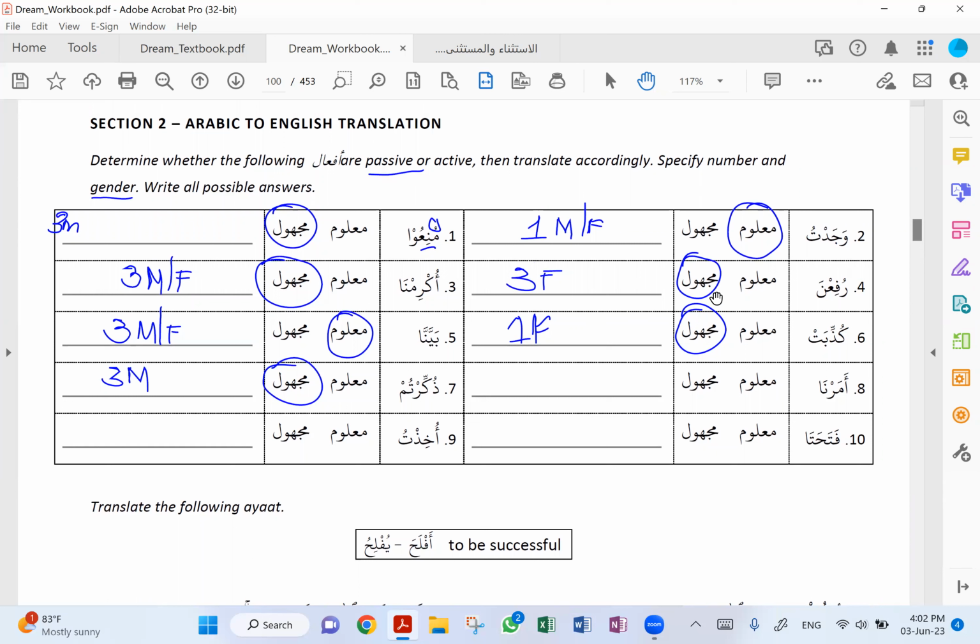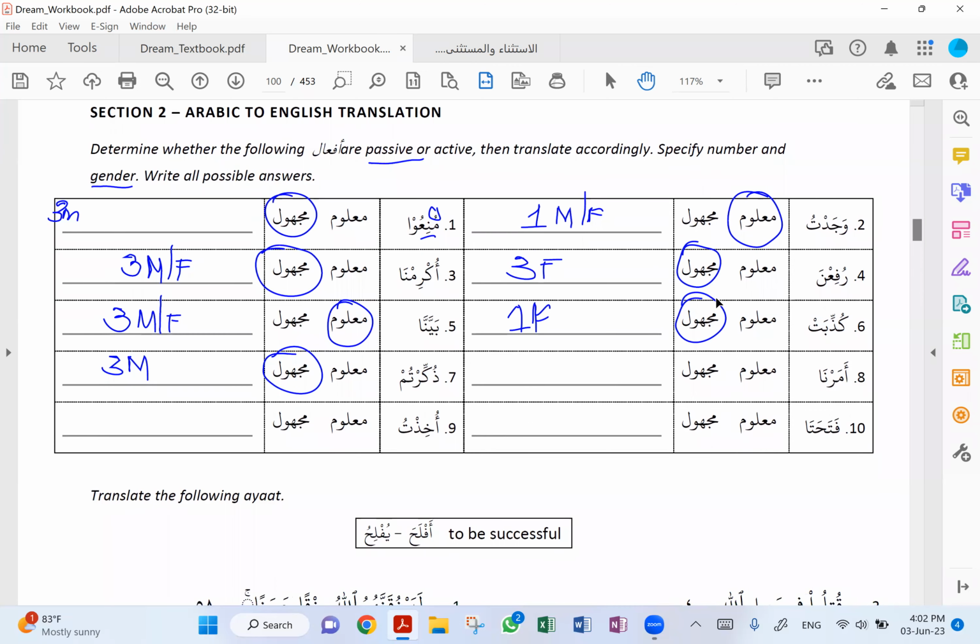Or you were mentioned, as zakara can mean remind or mention. And remember, sister? Zakara is to remember, in the family one.